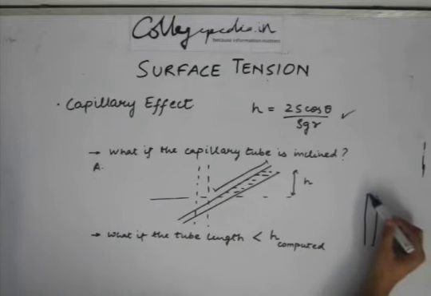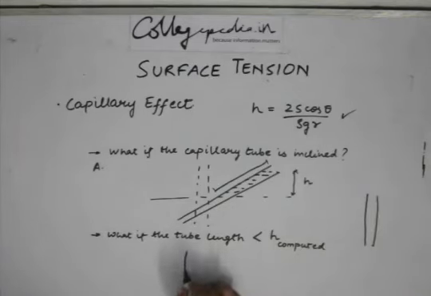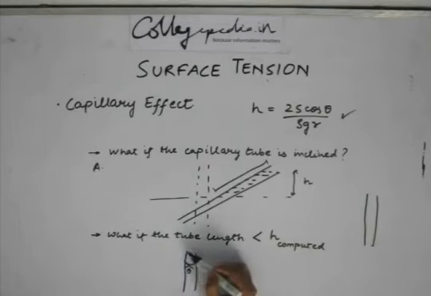The meniscus will not remain the same as the normal meniscus. So if we have a tube like this, and initially we had a meniscus of this format, the meniscus which had initially the contact angle theta, which is the contact angle for water, this will not remain theta. When the liquid reaches the top, the meniscus will become something like this.